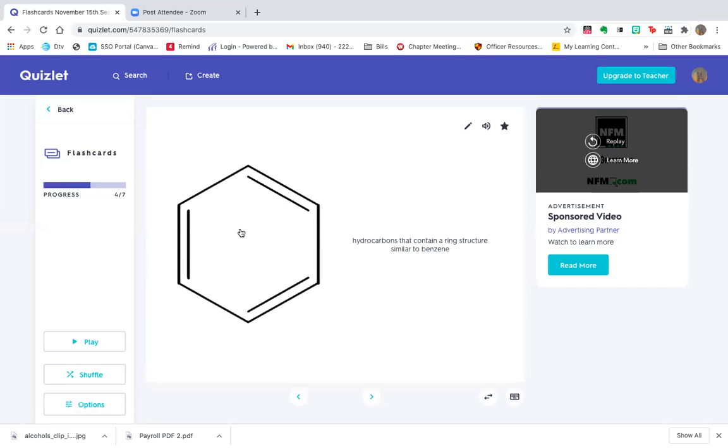You just draw a hexagon, and then you put double bonds on non-touching sides. So you can't have a double bond here, here, and here. It has to be here, then here, and then here. Or you could have one here, here, and here. But that's the quick way to draw benzene. You'll have to draw a lot of those in OChem if any of y'all are taking that. But in Chem 2, it's kind of hidden in the background. You don't really need to know too much about it, but it is always good to know.